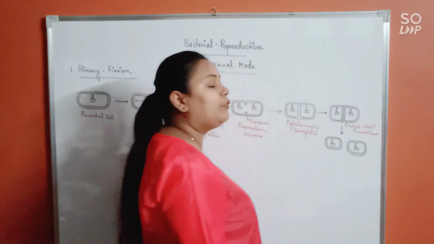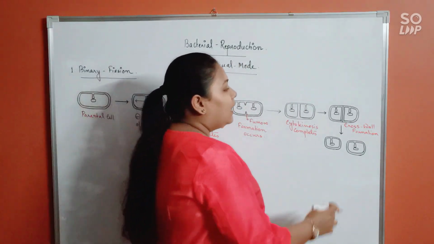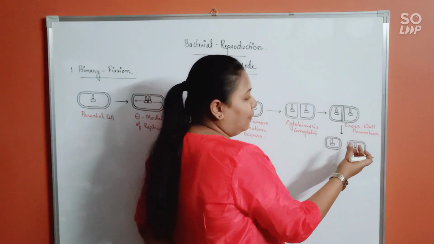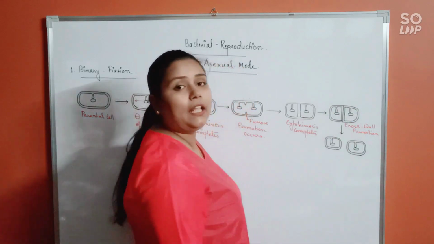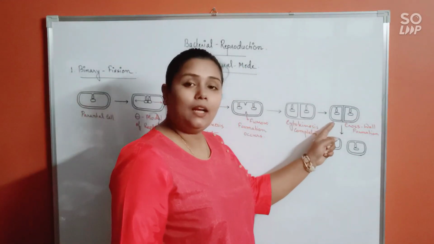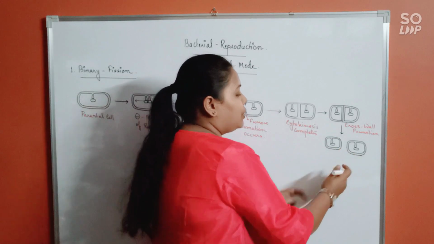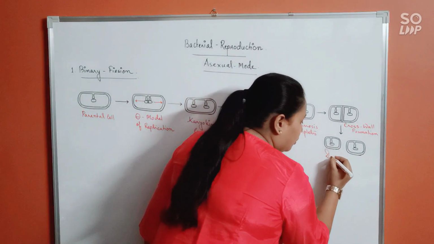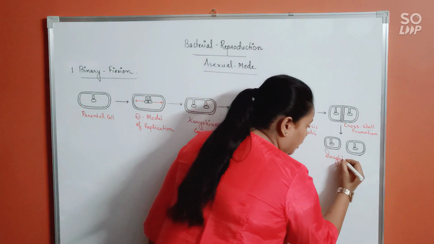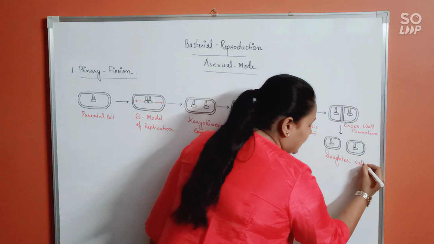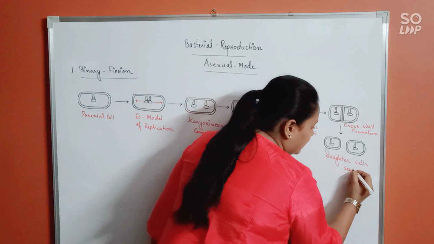After cross wall formation, finally, a turgor will develop in the cell, and due to that the two daughter cells will separate. So daughter cells separate.